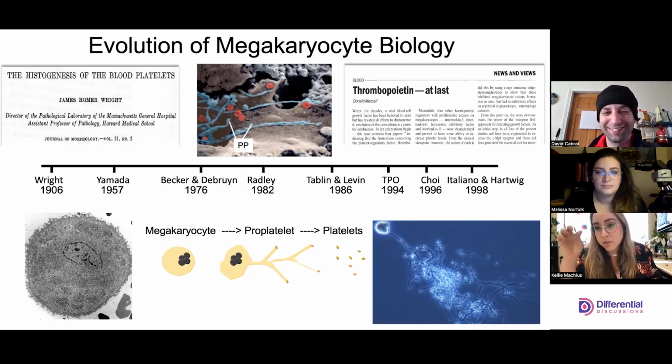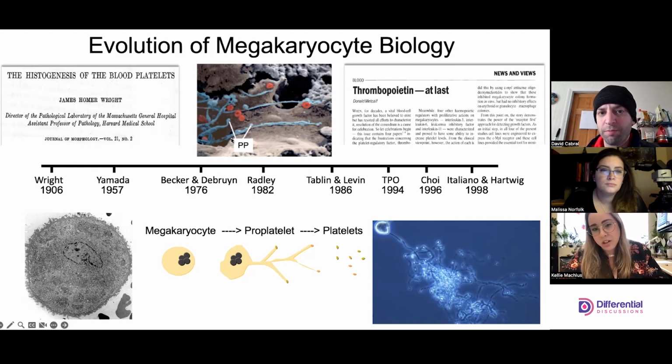He thought those fields you see here demarcated platelet territories. Then in 1976, Becker and Debrin, and I love this image, it's pseudocolored of course, proposed the proplatelet theory. This is the inside of a blood vessel, and you can see them sticking out, and that was furthered by Bradley and Tablin and Levin.